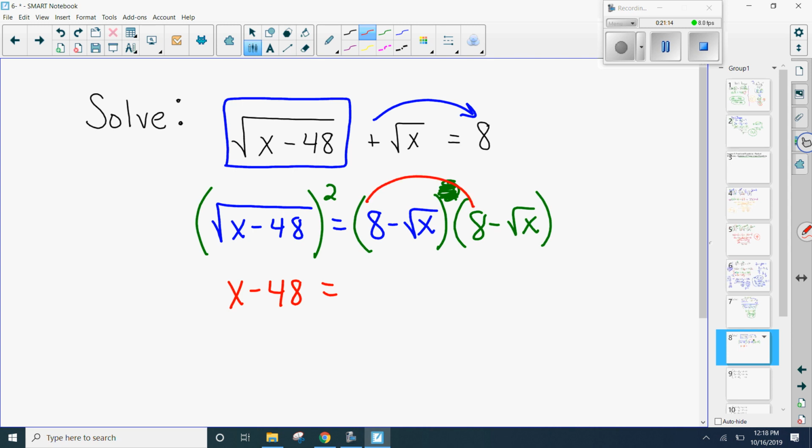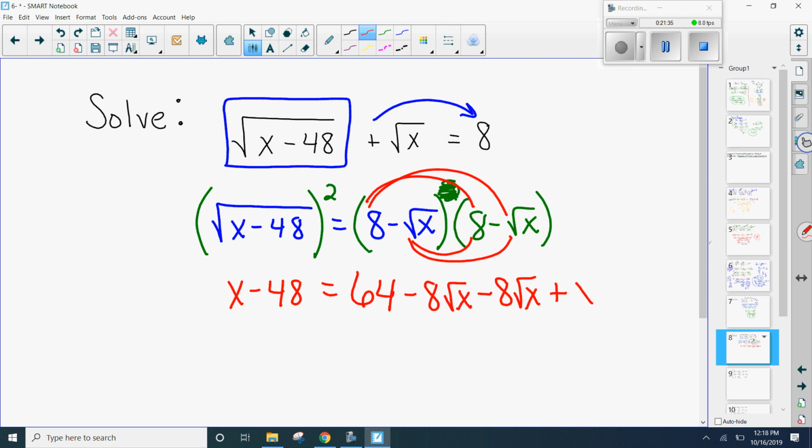8 times 8 is 64. What is 8 times negative radical x? Negative 8 radical x. What about the inner? Negative 8 radical x. What about the last? Negative times negative is a positive. What's radical x times radical x? No, it's just x.